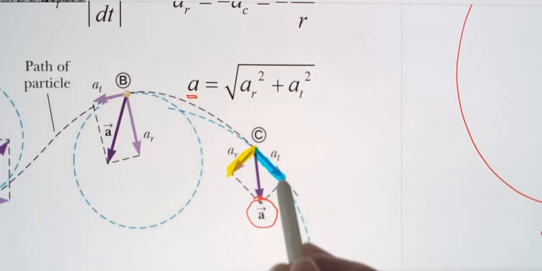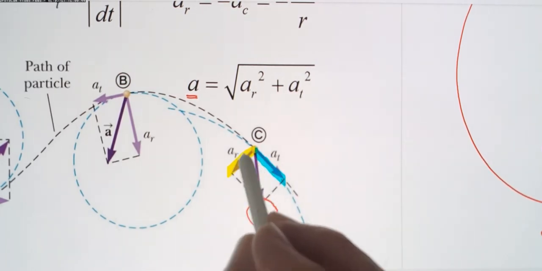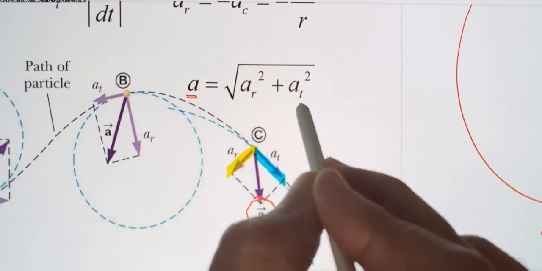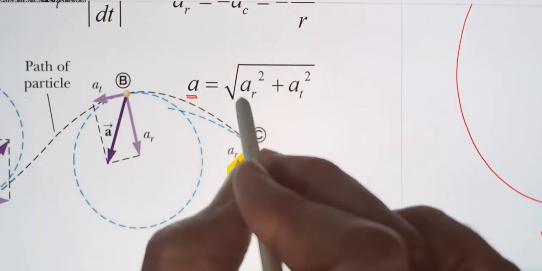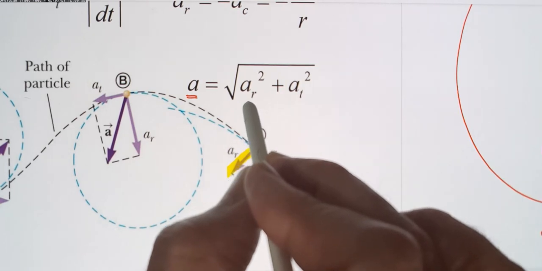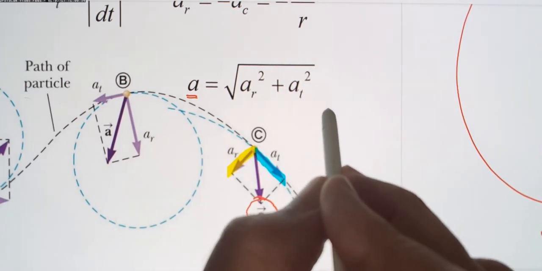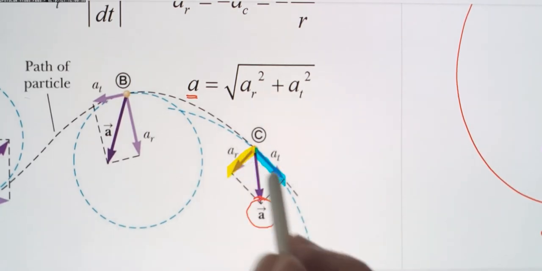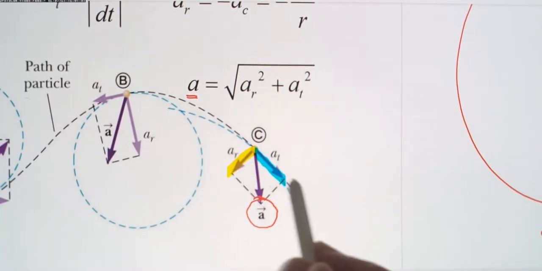And the result is a vector, the sum of two vectors, tangential and radial. The magnitude of that vector is the magnitude of the first vector square plus the magnitude of the second vector square, and the direction we can also calculate from the components of the two vectors.